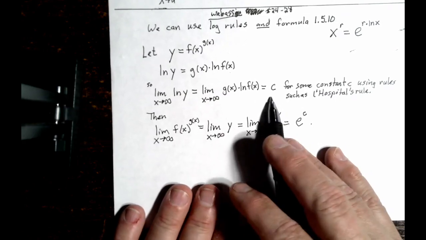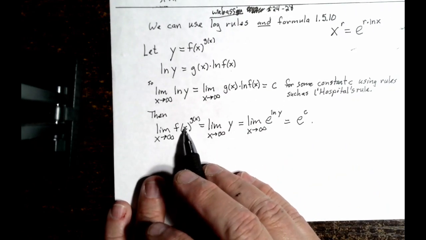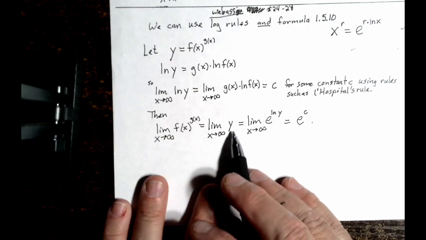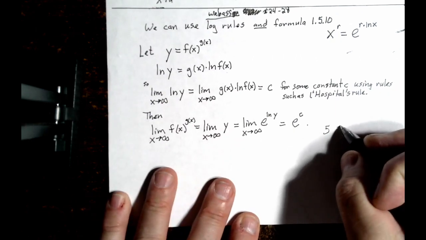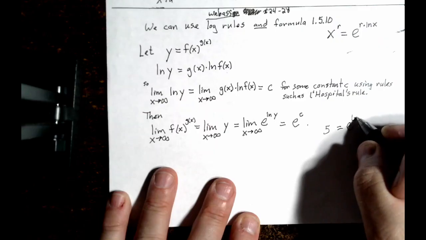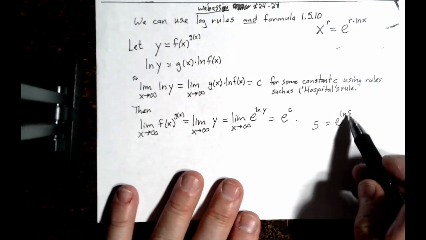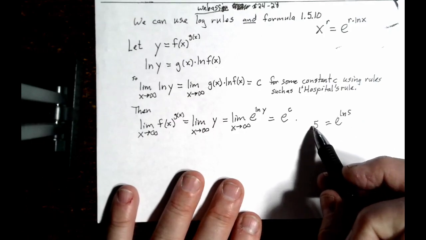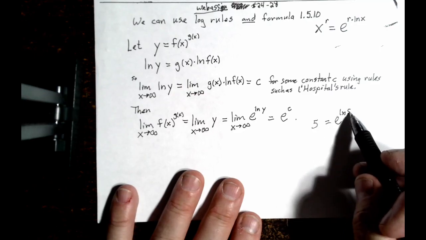All right. So now, when you go back to the original question, f raised to the g, well, that's the limit of y, because we let y equal f to the g. And now, just like 5 equals e to the ln of 5, right? With logarithm rules, we're used to being given this and simplifying it down to 5. But what if you go in the other direction? You take something and you write e raised to the ln of that number.